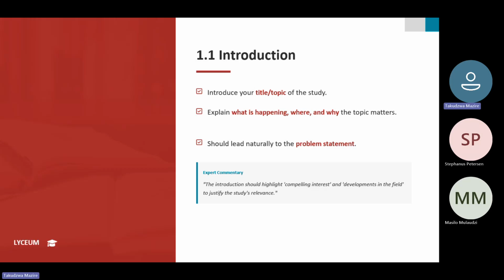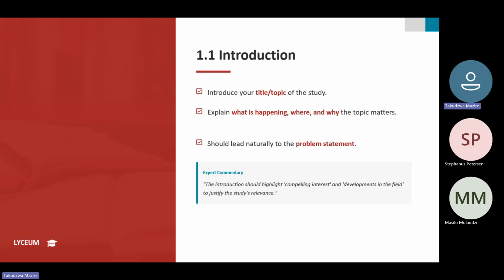Building on that idea that we have just previously mentioned, that is the idea of a logical flow, in section 1.1, which is the introduction, this is where you first introduce your study's topic or title. Here you're explaining the what, where, and why questions of your research. You need to show why your topic matters.